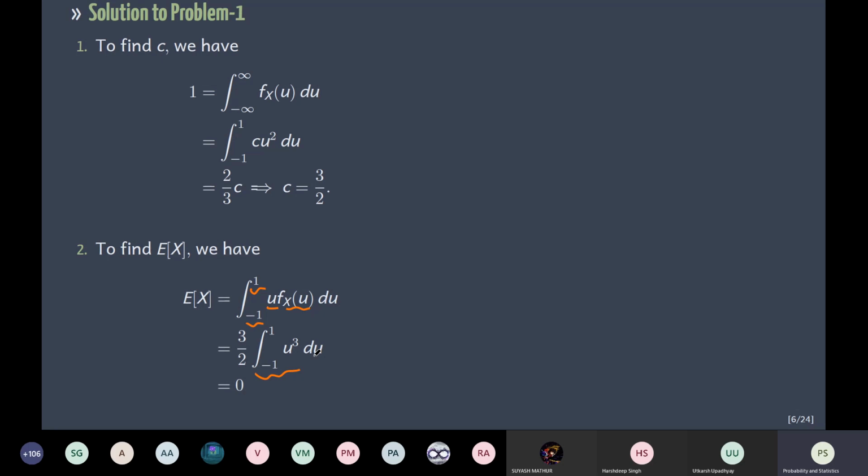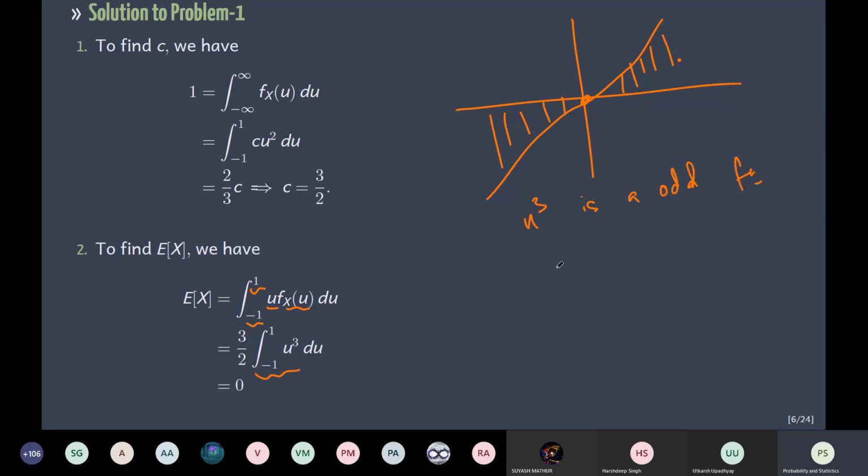This integral is 0 because it's an odd function. Odd functions are always symmetric about the origin, so the area under the positive part and the negative part cancel each other. u cube is an odd function, that is, g of minus u is minus g of u.